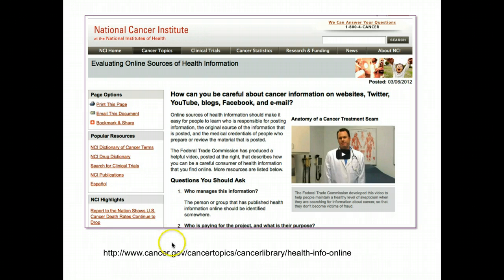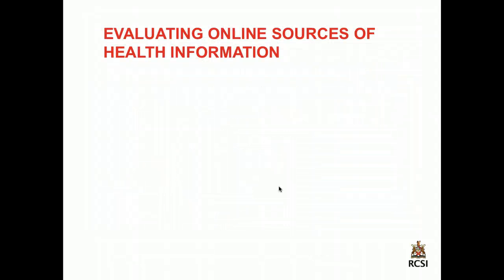The URL is there, and it goes through how you can be careful about cancer information on websites, Twitter, YouTube, blogs, Facebook, and email. Lots of services, same issue, aimed at patients. So just give that a quick look to see where the National Cancer Institute is coming from.